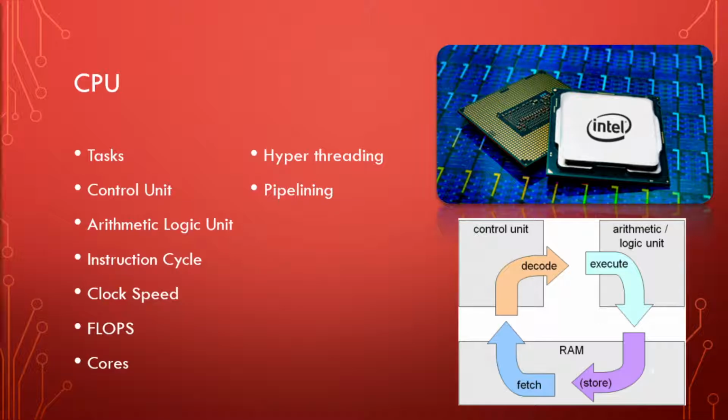But it makes the computer think it's 2 separate cores. And it's there for speed purposes, because if your computer is constantly working at a very specific speed and one core finishes its task early and it's waiting for the instruction for the next loop to go around, what it can do is go, oh, okay, let me go process this other pseudo core. So it takes your quad core and makes it an octa-core type of thing.